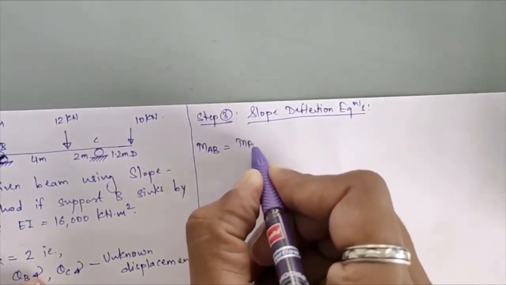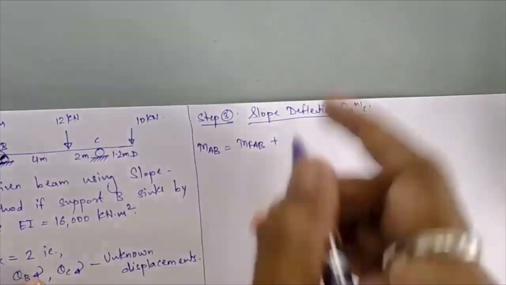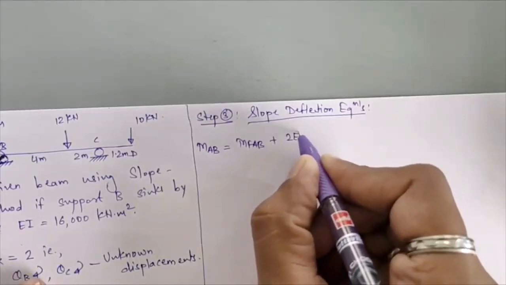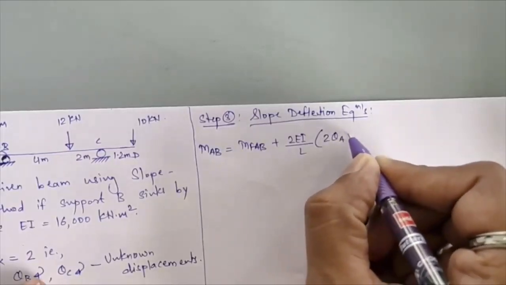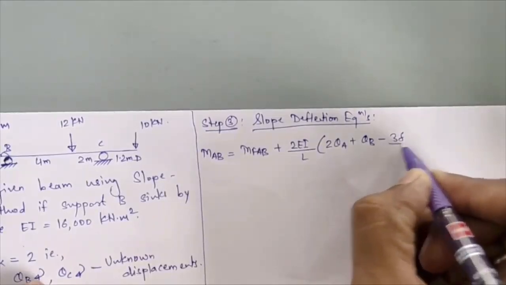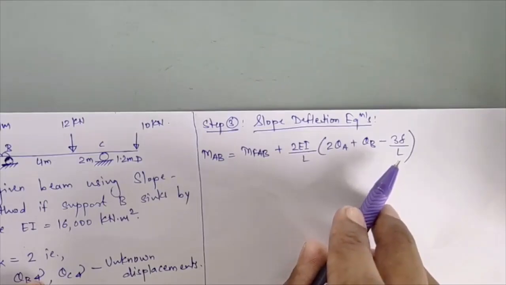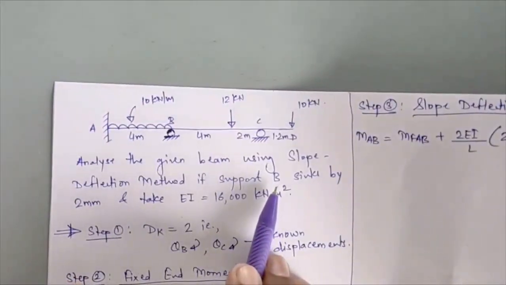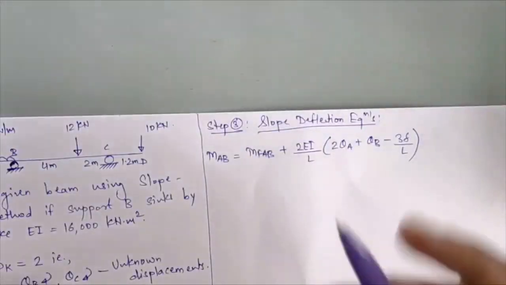That is equal to MFAB plus 2EI upon L into bracket near end rotation, that we take 2 times theta A plus theta B minus 3 times delta divided by L. Here your delta value will not become 0. Why? Because the sinking support condition is provided. That is why a translation moment will be induced over here. So we'll substitute the values over here.